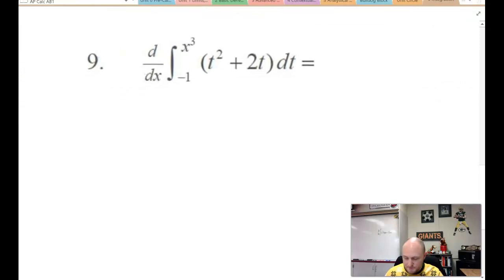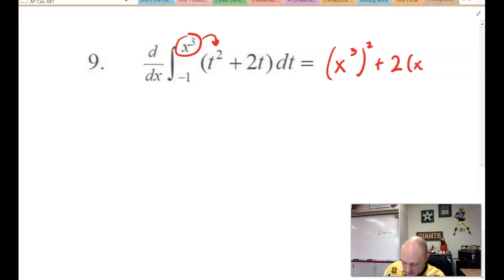Example number 9. Here I'm taking the derivative of an integral from -1 to x cubed of this function. So again, the derivative and the integral are going to cancel out. But I do have a function here. I'm going to essentially plug this in. So I have x cubed quantity squared plus 2 times x cubed.